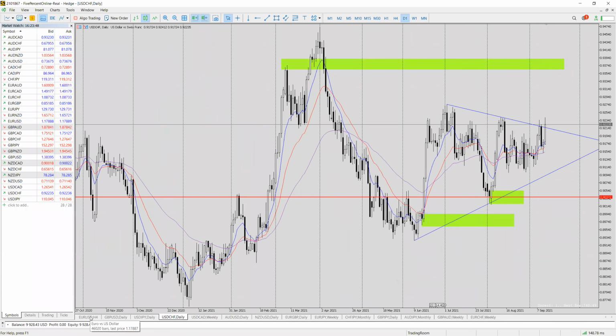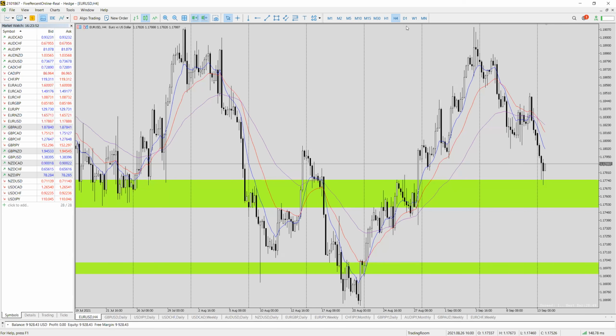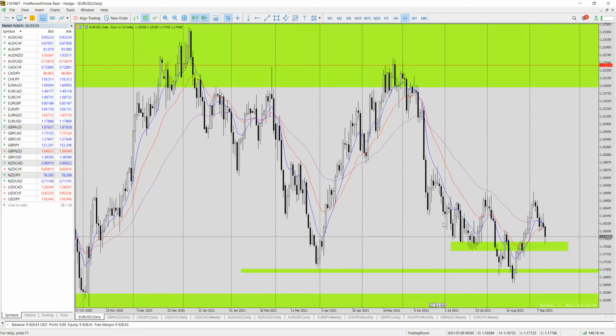And Gabrielle, you're asking about the euro dollar. I spoke about it earlier. Again, what I mentioned is that there is some sort of a demand zone around here. Maybe, by the way, it could be a potential reverse head and shoulders, who knows? As you can see, maybe left shoulder, the head, okay, well, a crooked head, but still some sort of a head, and then the right shoulder, potentially.